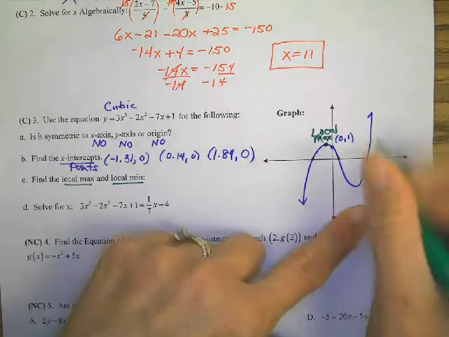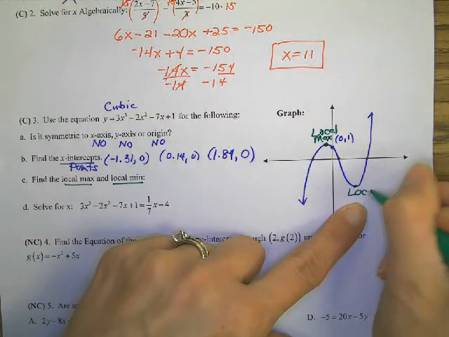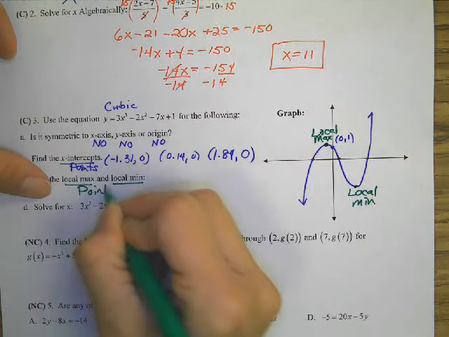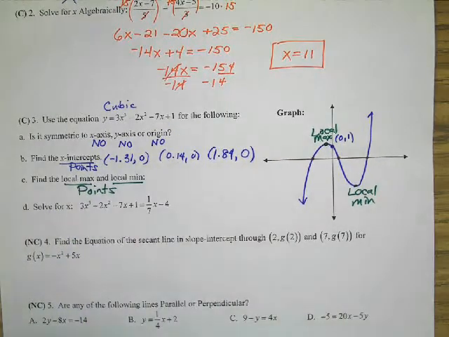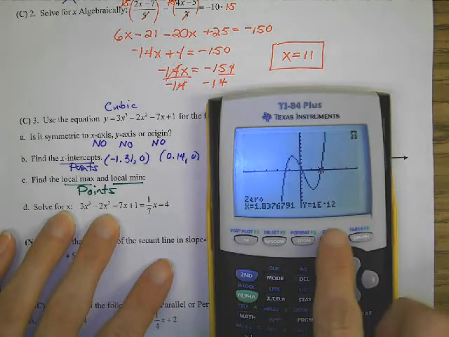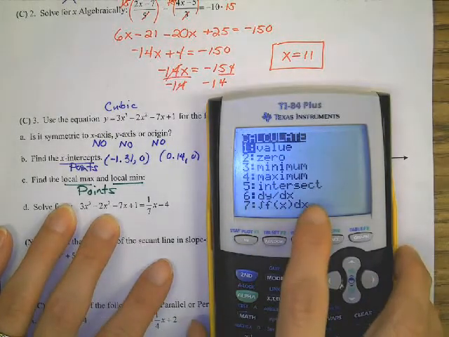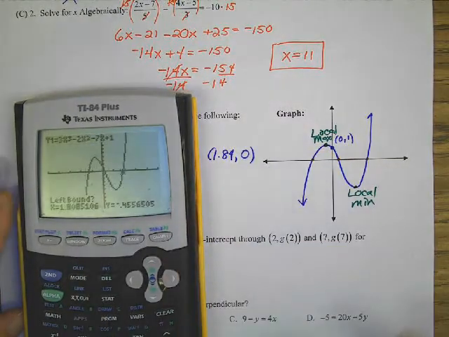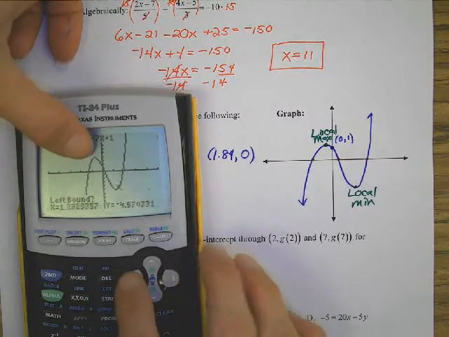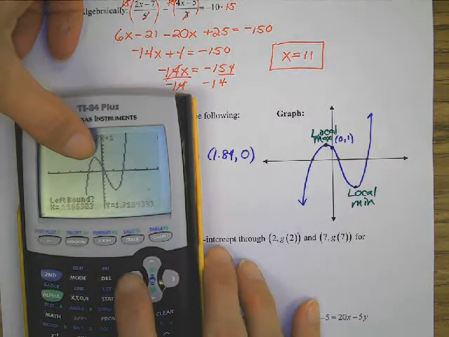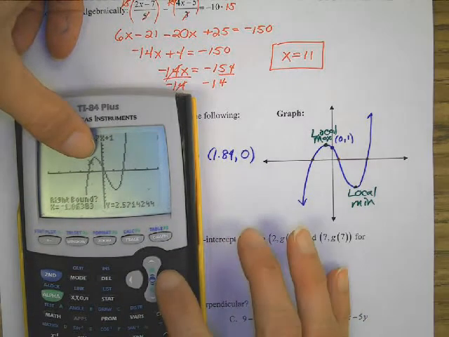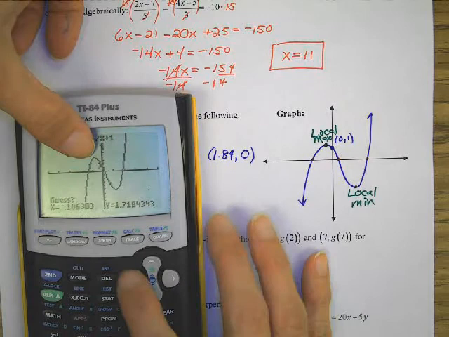We go second calculate, and the first one I'll find is that maximum right there, number 4. Again, 3 clicks. Left, left, left, clearly to the left of it. Right, right, right, clearly to the right of it. And the maximum is at the point, with 2 places of rounding, (-0.69, 3.89).